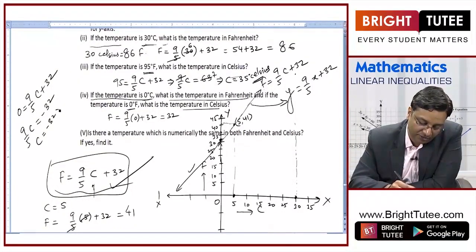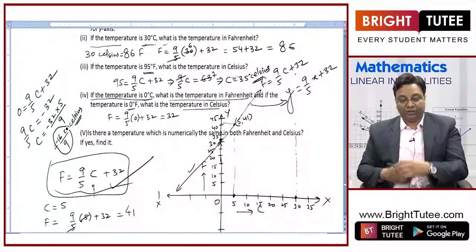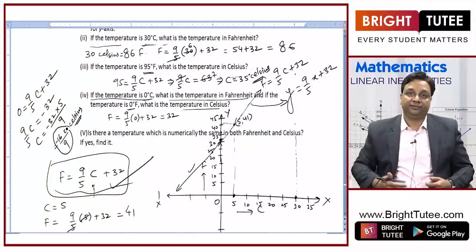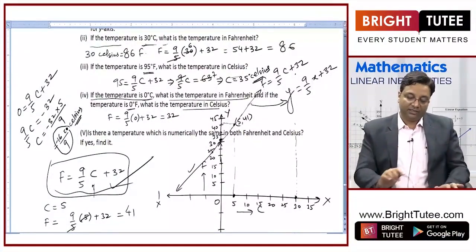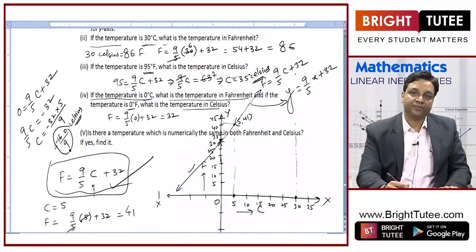It is negative 32 into 5 by 9, which is minus 160 by 9 Celsius. This is the temperature corresponding to 0 degree Fahrenheit. If it is 0 Fahrenheit, this is the temperature in Celsius, minus 160 by 9.